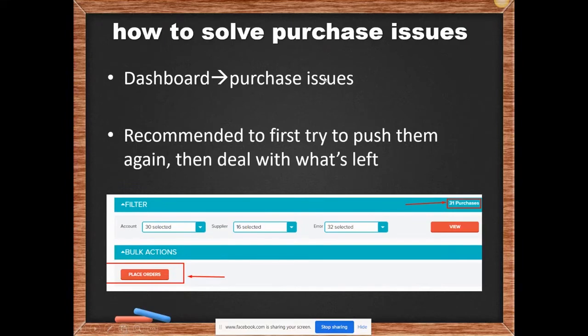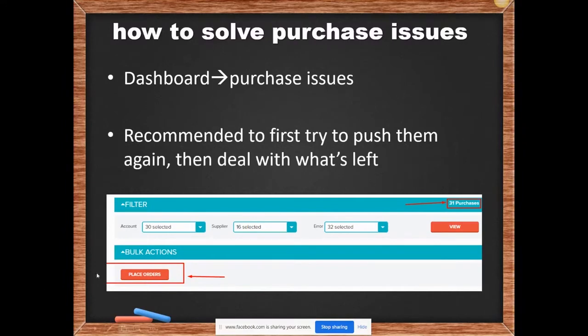And when you get there, I recommend you first, before starting any action, push them, try to place them again. Because even if the price changed or it was out of stock, it changes all the time, it's so dynamic, that it could get back into stock, or the price could have changed again, and maybe now SaleFreaks can place the order.